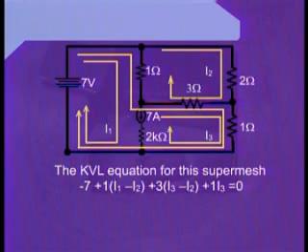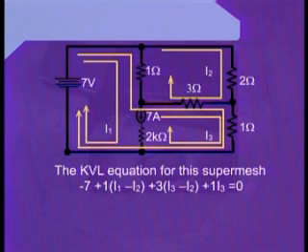After completing this term, we go through the circuit element and reach the 1 ohm resistance. Now, this 1 ohm resistance has only one current, which is due to mesh number 3 and is defined as I3. Therefore, we write plus 1 into I3.